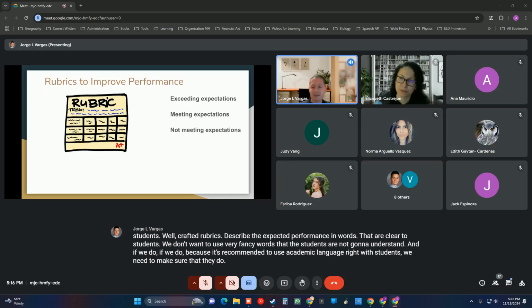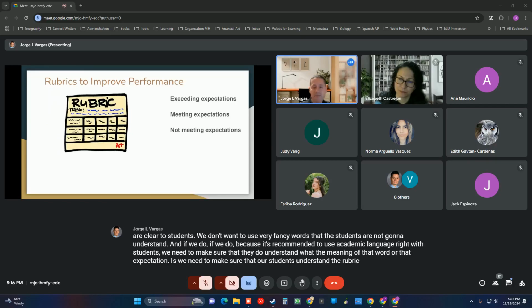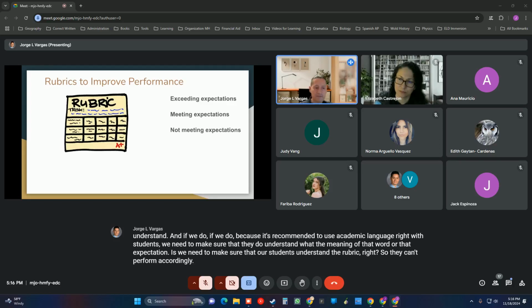One thing that we need to know is that rubrics are not effective all the time. Sometimes a quick formative assessment, a quick learning quiz, will be enough, especially when we talk about grammar, for example. Our students are learning a grammatical point.